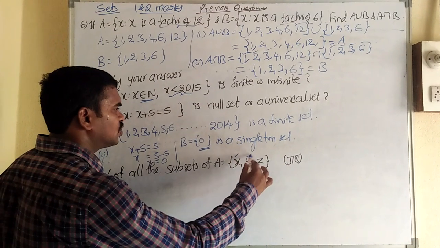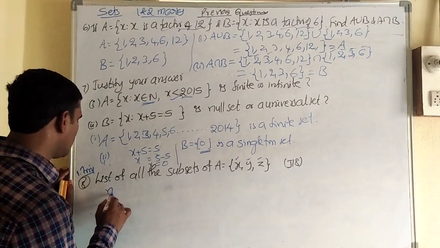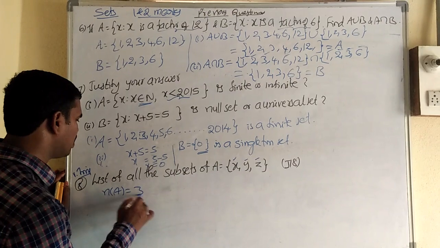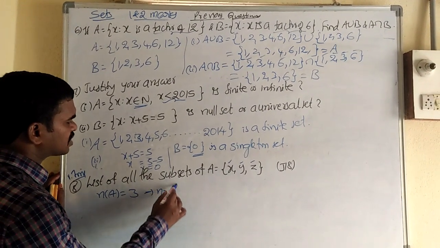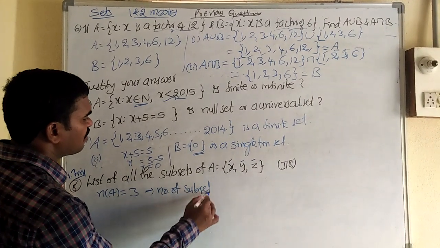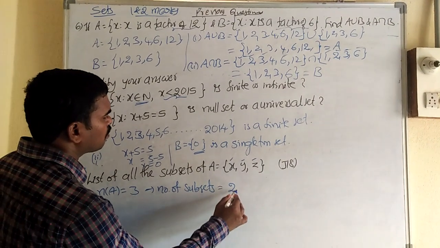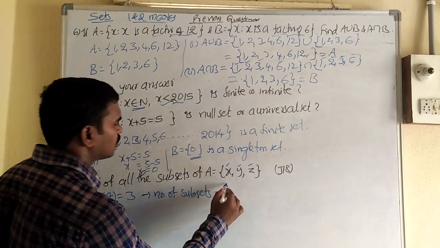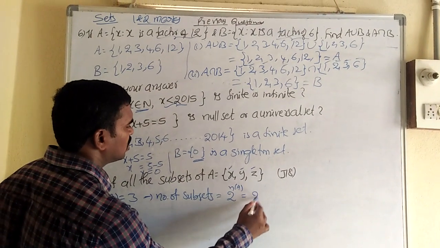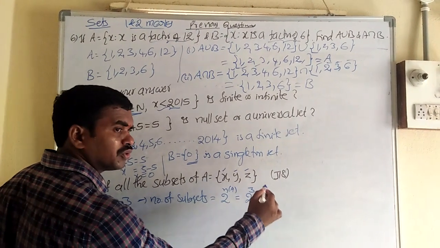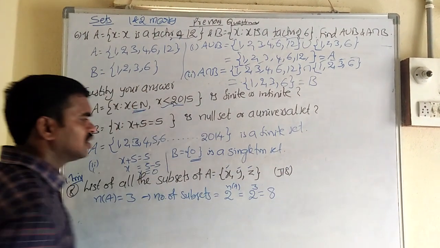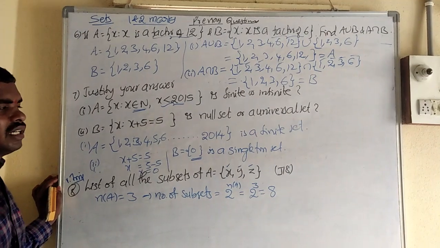Here there are 1, 2, 3 elements, so n of A, the number of elements in set A, is 3. The number of subsets formula is 2 power n of A, which is 2 power 3, that is 2 into 2 into 2, which is 8. So we get 8 subsets.